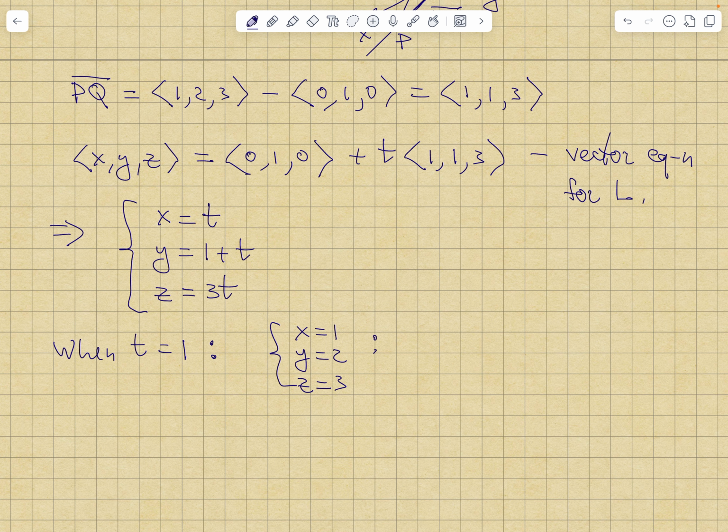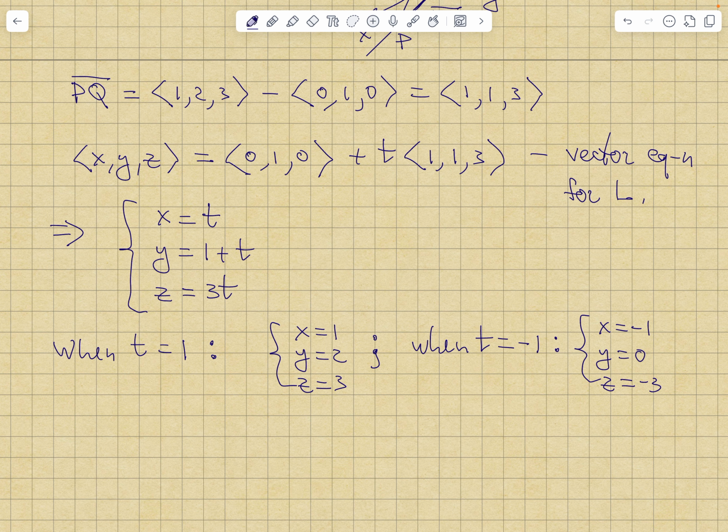When t is, let's say, minus 1, that means I can figure out where the particle was 1 second before it passed through the point P. So here x is going to be minus 1, y is 1 plus minus 1, 0, and z is 3 times minus 1, minus 3.